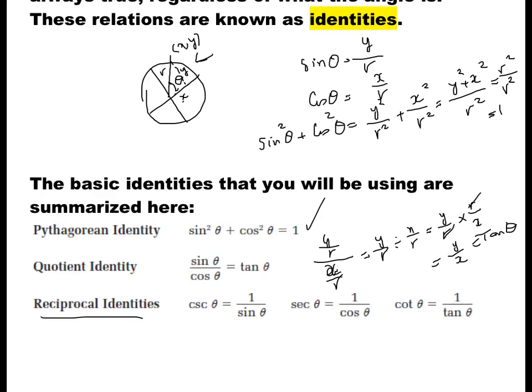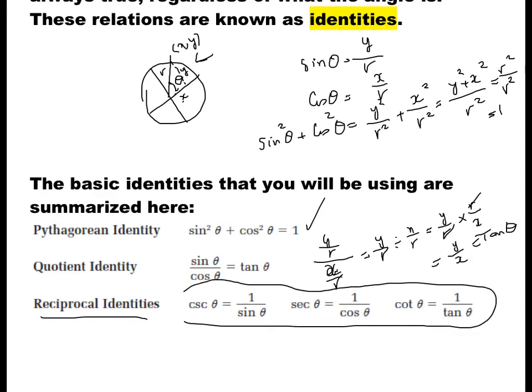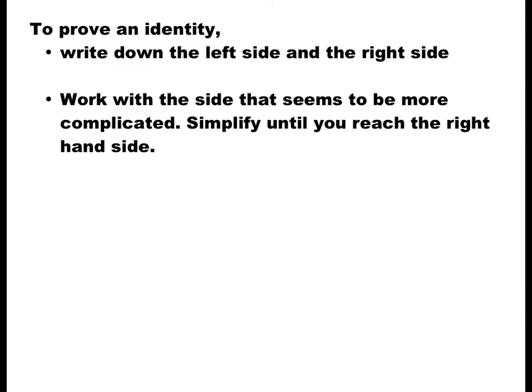And the reciprocal identities are just the definitions that we are using to define 1 over sine theta, 1 over cos theta, and 1 over tan theta. Now in this section, what you are going to do is show whether a given expression is a trig identity or not.